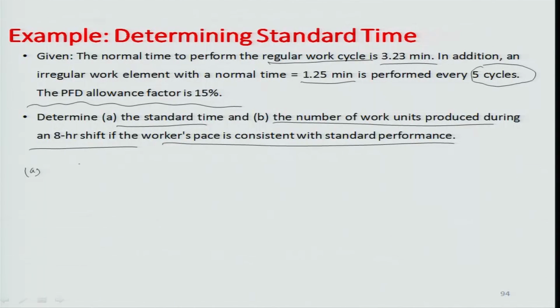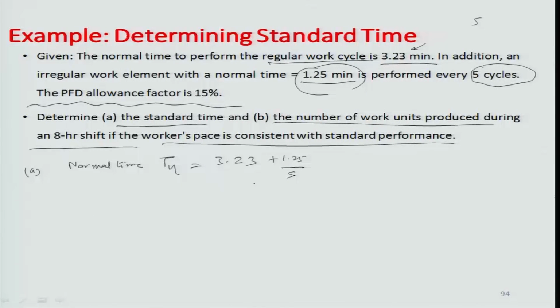So in the first case, the normal time, Tn, can be recorded as the regular work cycle time, which is 3.23 minutes, and if out of every 5 cycles we spend an addition of 1.25 minutes, so per cycle there is an addition of 1.25 by 5 minutes, which gets added up uniformly.